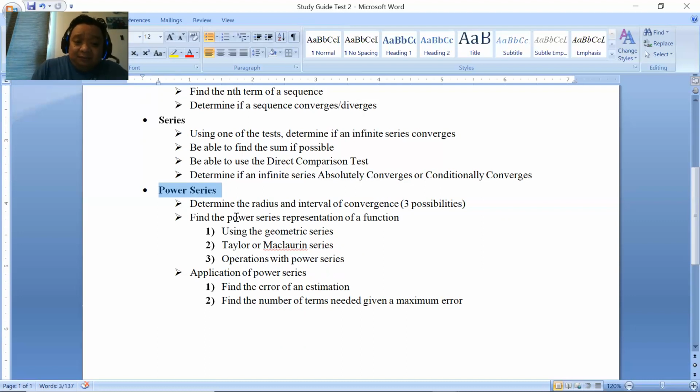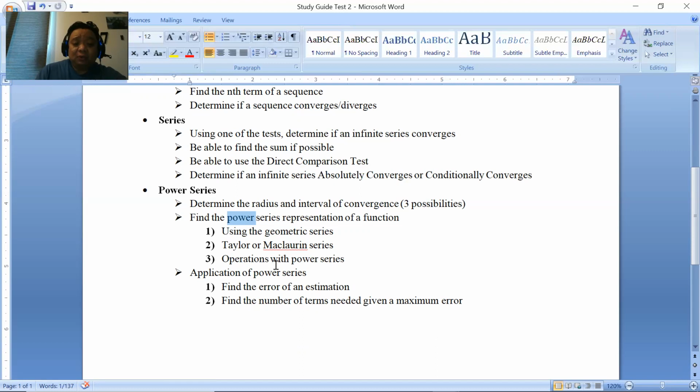And then the last few things are finding the power series representation of a function. So one of them is using the geometric series, right? We did that first, and then using Taylor and Maclaurin, right? And especially for the Taylor one, the Taylor one is where the center is not zero, right? So be ready to do a Maclaurin or a power series representation when the center is not zero, and that's where Taylor basically comes in.